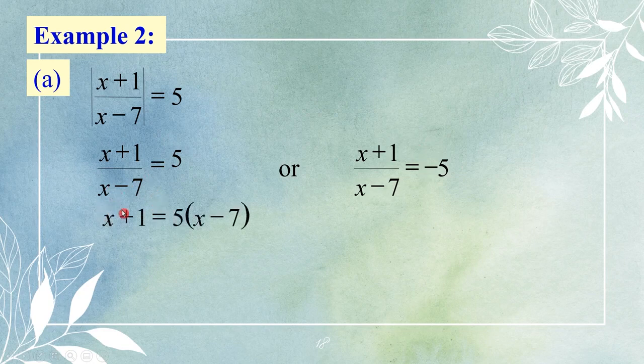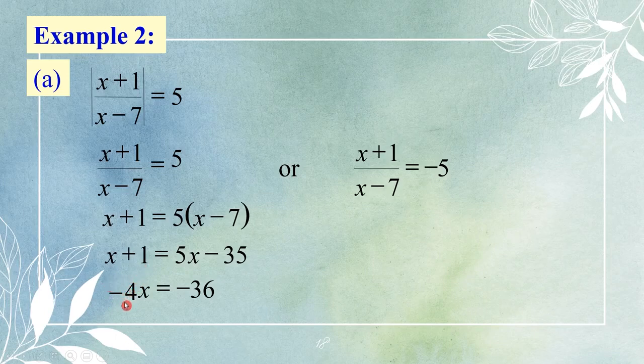We solve the left part. x minus 7 we bring to the right, so we expand, it becoming 5x minus 35. And then 5 we bring to the left, so it becoming x minus 5x gives us negative 4x. And 1 to the right, negative 35 minus 1 gives us negative 36. And 36 over 4 is equal to 9.